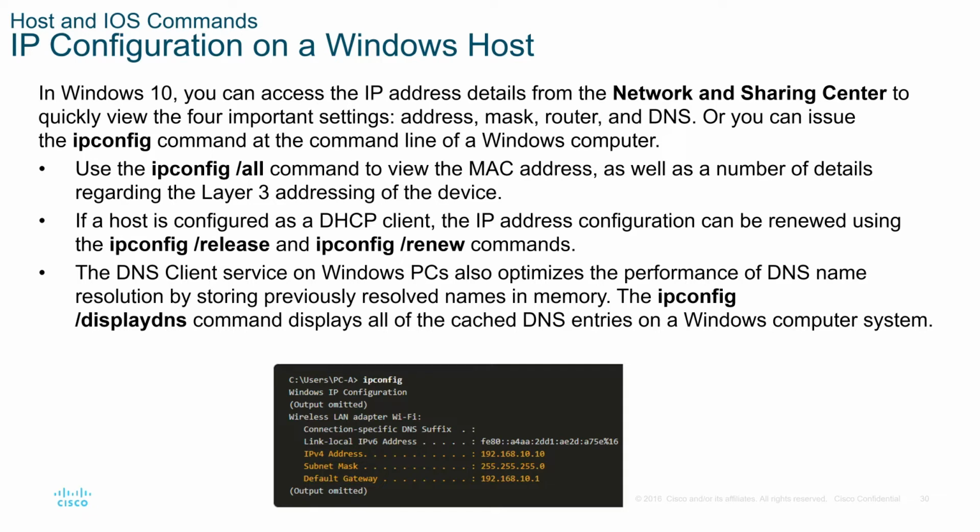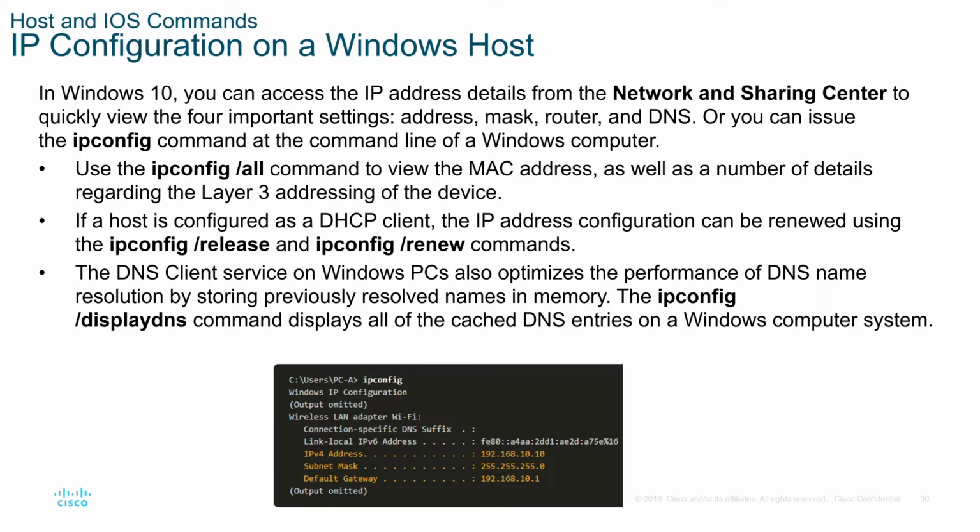If a host is configured as a DHCP client, the IP address configuration can be renewed using the ipconfig /release and ipconfig /renew commands. Some systems require a space between ipconfig and either release or renew. Some will take it without the space.